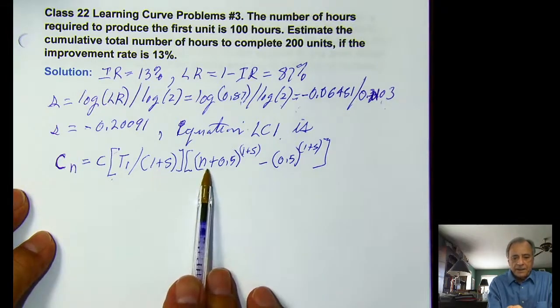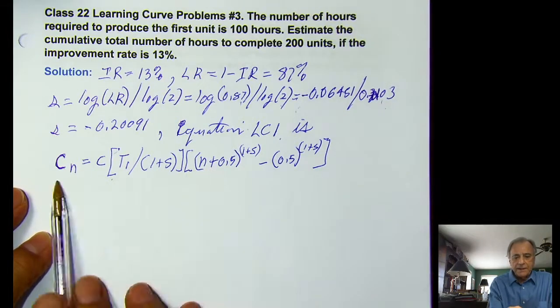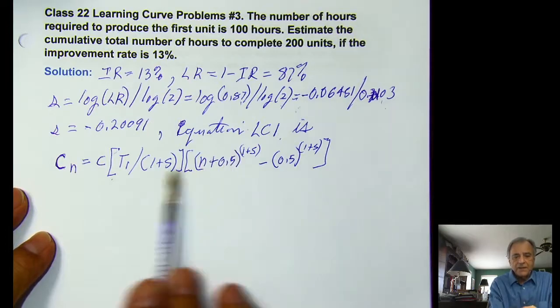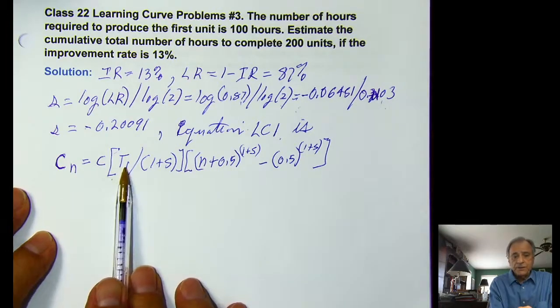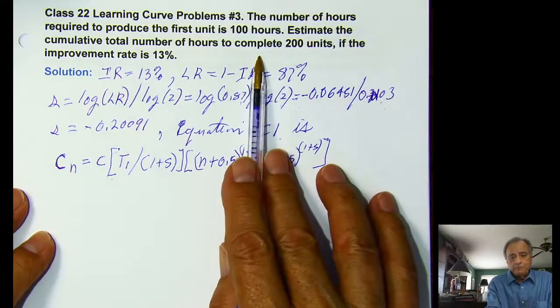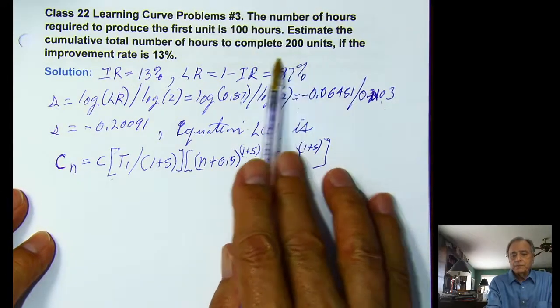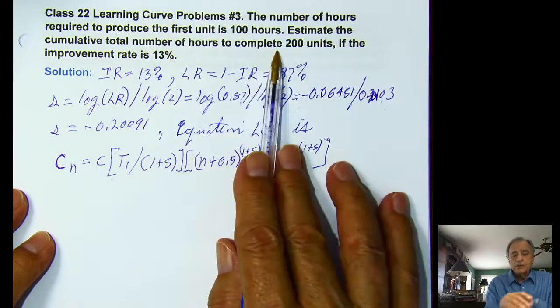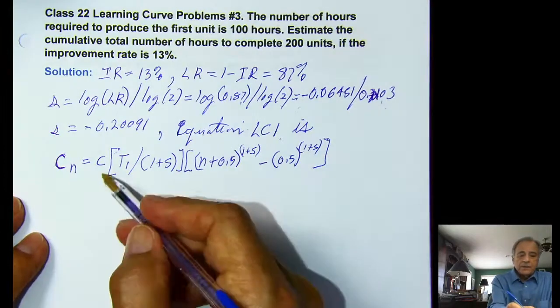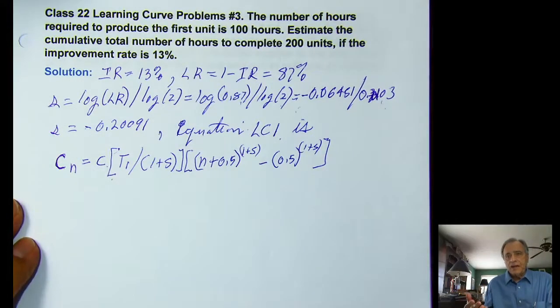So there's the N here on the right-hand side of the equation. It's in this thing here. And then this is our first unit cost, which was 100. The number of hours was 100. Now, the C is the cost per unit of hour.